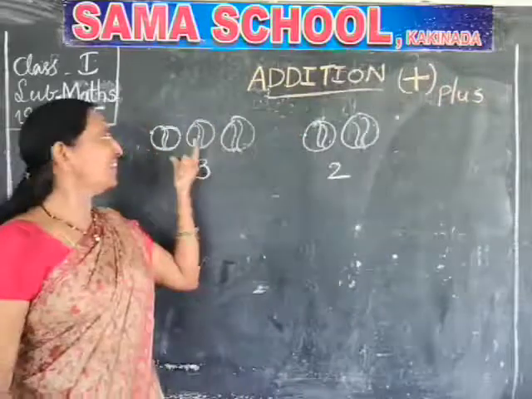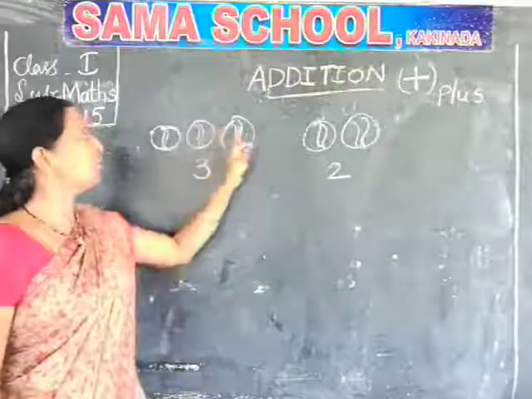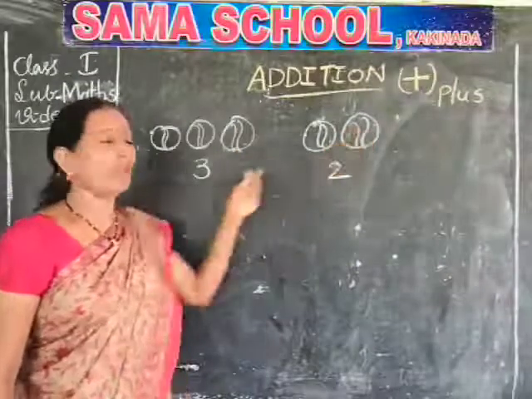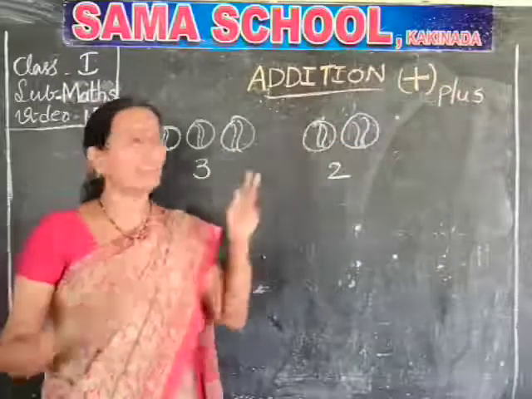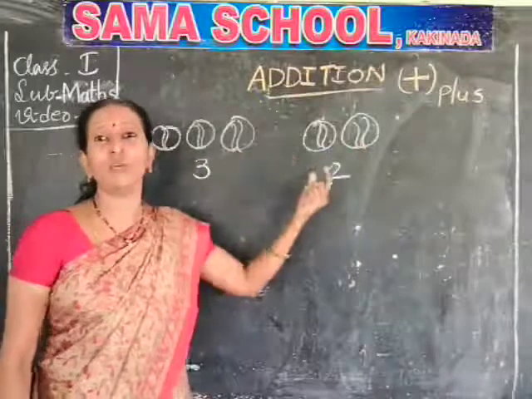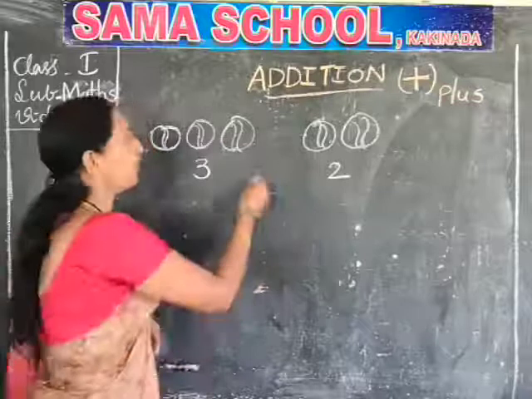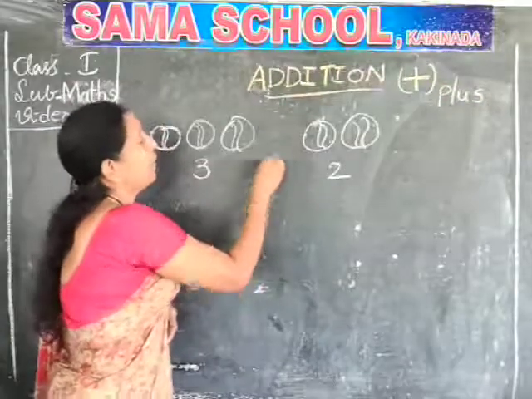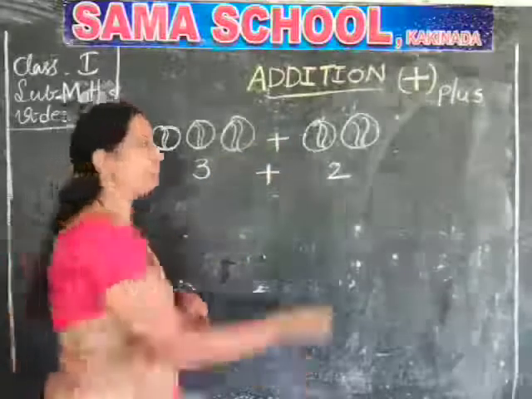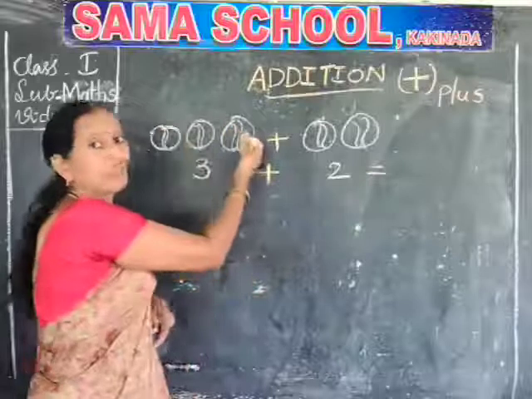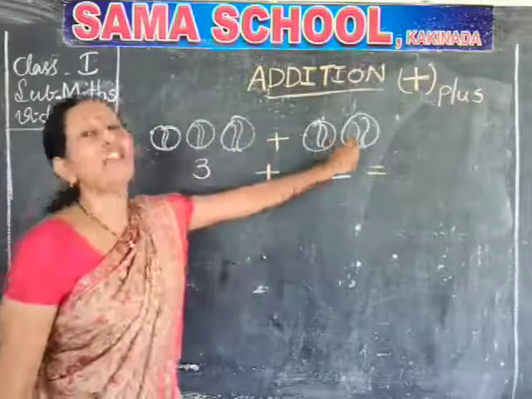Here how many balls? 1, 2, 3. 3 balls. And here 2 balls. These 3 and 2 you are adding. So what symbol do you put here? Plus symbol. Now tell me, how many? 1, 2, 3 and 4, 5.